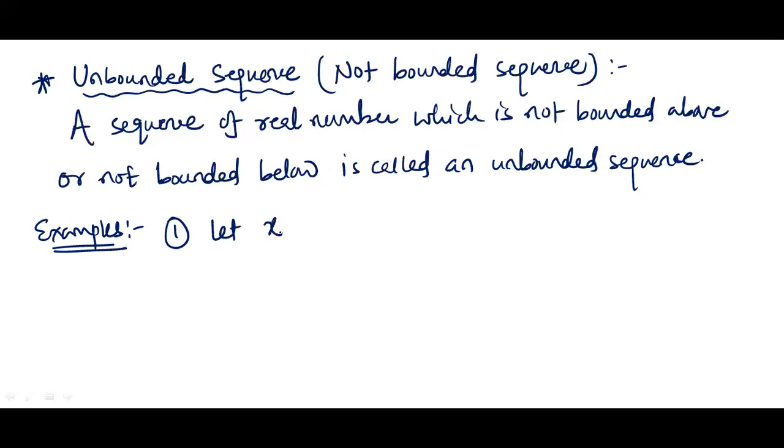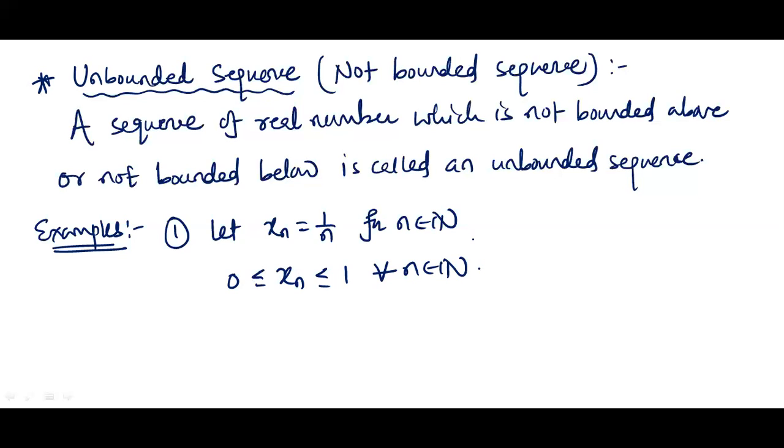Let xn is equal to 1 by n for n belongs to N. Here we can observe that xn is greater or equal to 0 and less or equal to 1 for all n belongs to N. Therefore, the sequence xn is bounded above as well as bounded below.